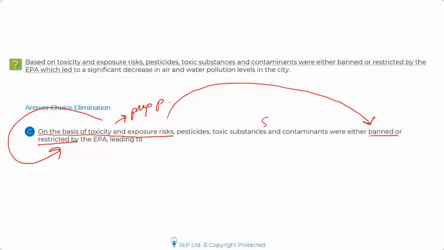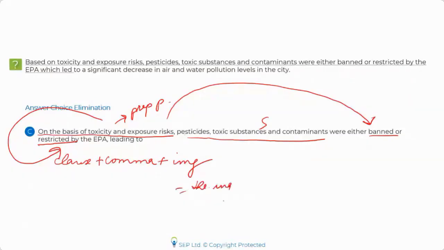Pesticides, blah blah blah, this is the subject, were either banned or restricted by the EPA, leading to, so this comma, okay, so you have a clause, plus you have a comma, plus you have the ing, then the ing always modifies the nearest verb.